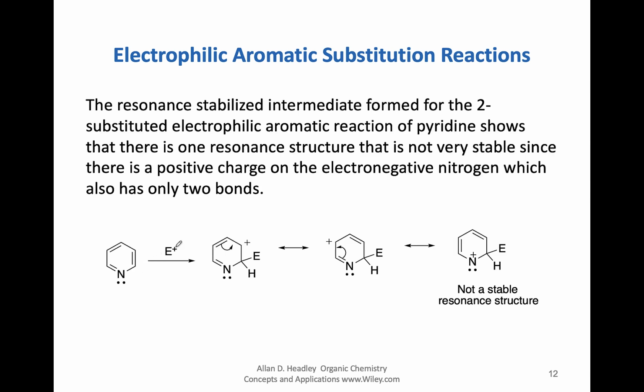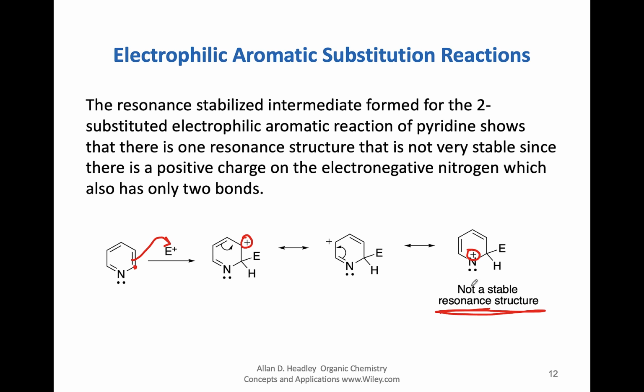First, let's add the electrophile here. As you can see, we're using these electrons here to swing out and add to the electrophile, putting it here, and there's a positive charge right here. We can draw resonance structures as shown here. However, there's one resonance structure that's not stable. Why? Because there's a positive charge on the very electronegative nitrogen, and there are 2 bonds to nitrogen.